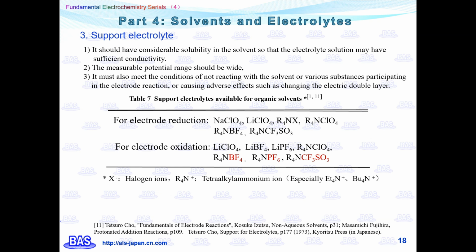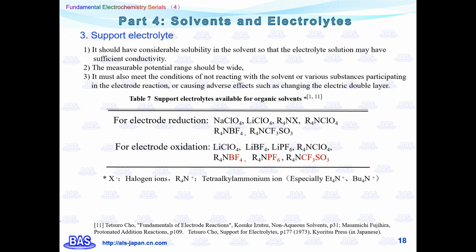As an electrolyte for electrochemical measurement, it should have considerable solubility in the solvent so that the electrolyte solution may have sufficient conductivity. The measurable potential range should be wide. It must also meet the conditions of not reacting with the solvent or various substances participating in the electrode reaction, or causing adverse effects such as changing the electric double layer.